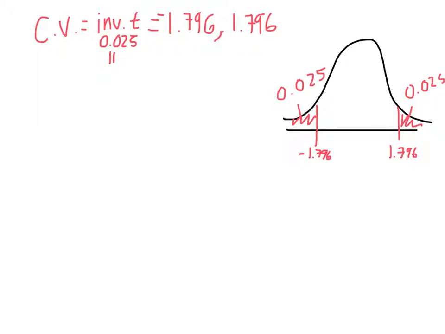Now we have the graph labeled with our critical values, and we need to find our test value, and to do that we use the equation r times the square root of n-2 divided by 1 minus r squared.